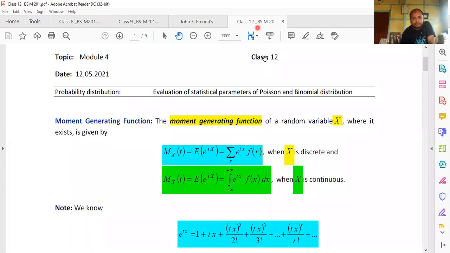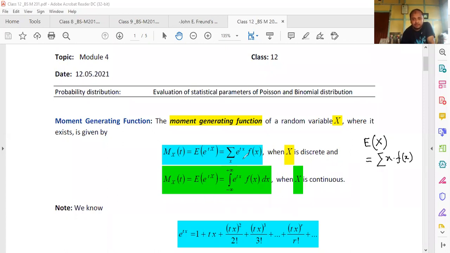And if you can recall, the expectation of capital X for the discrete case is the value multiplied by the respective probability. But in place of capital X, we have this function, e to the power tX. So this definition has been used over here.